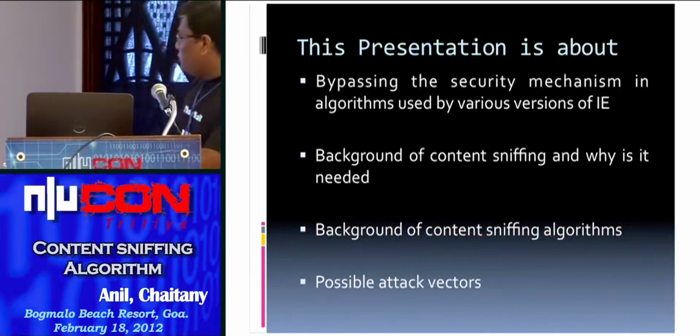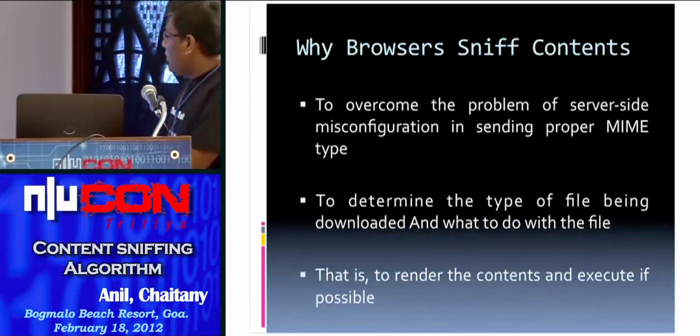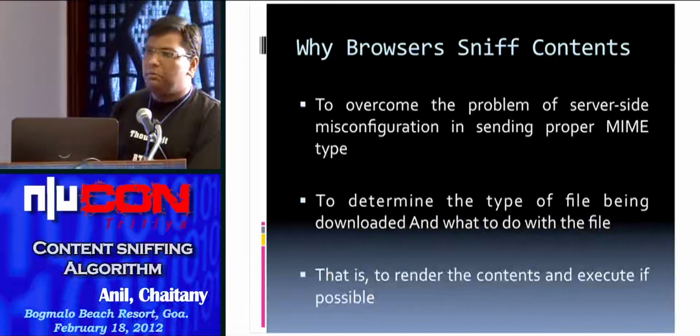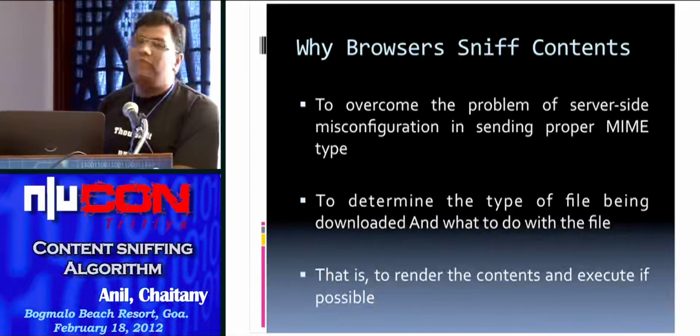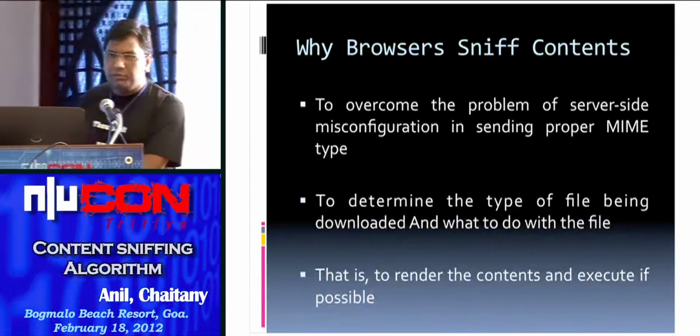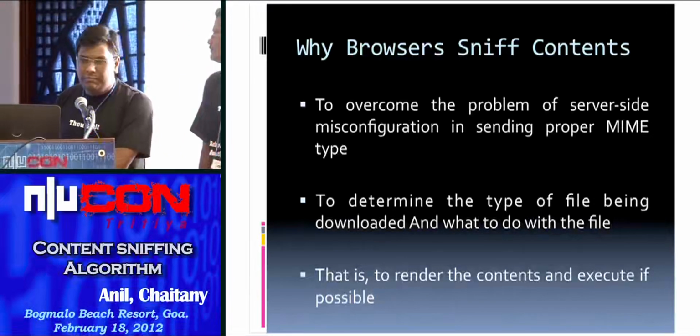We'll see about it. So first of all, we'll talk about why browsers sniff the contents. As you can see on the slide, the main concern here is that there is a basic flaw in many web servers. Web servers generally tend to send an improper MIME type.